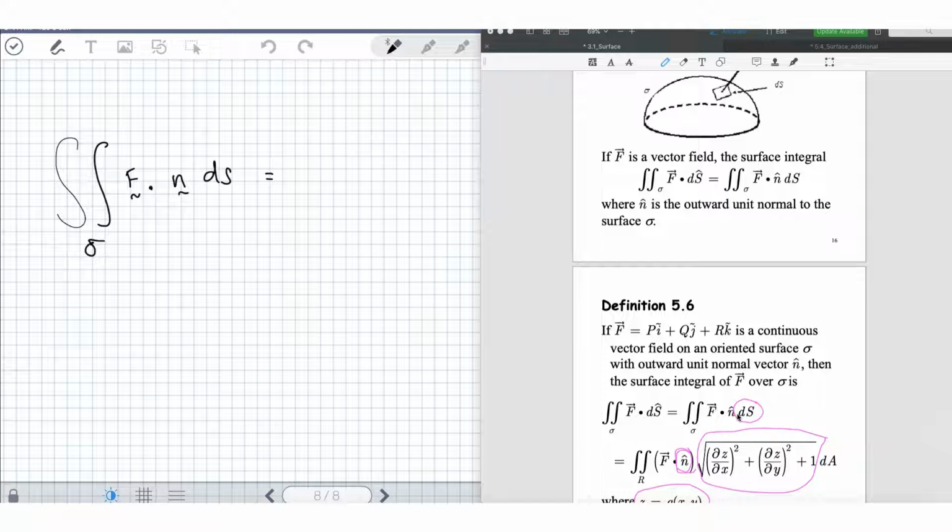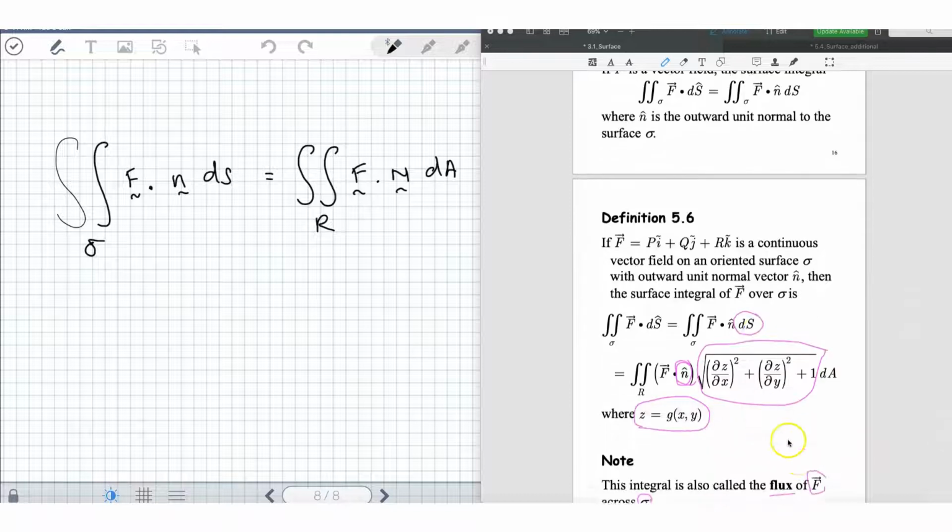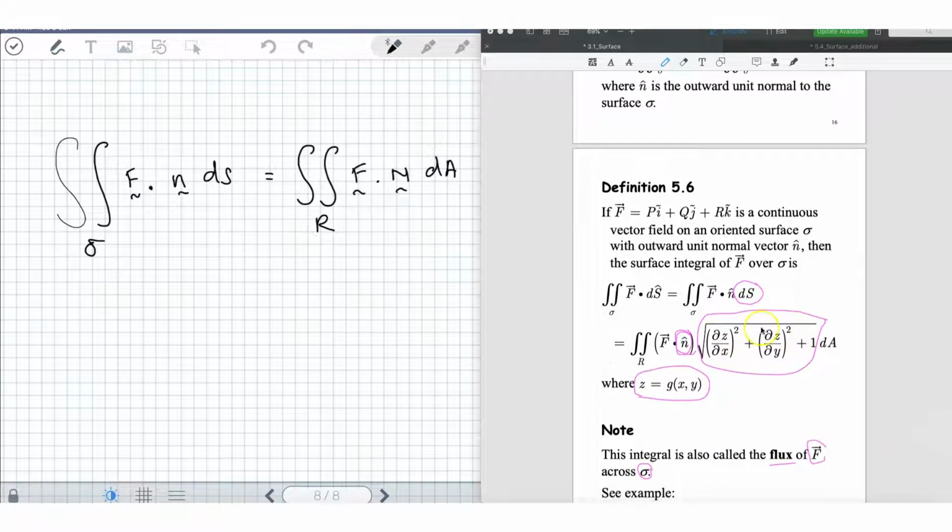Now we want to use the f dot capital N dA over the region R. So meaning that we don't need to have this one. You don't need to compute the ds for a vector field.